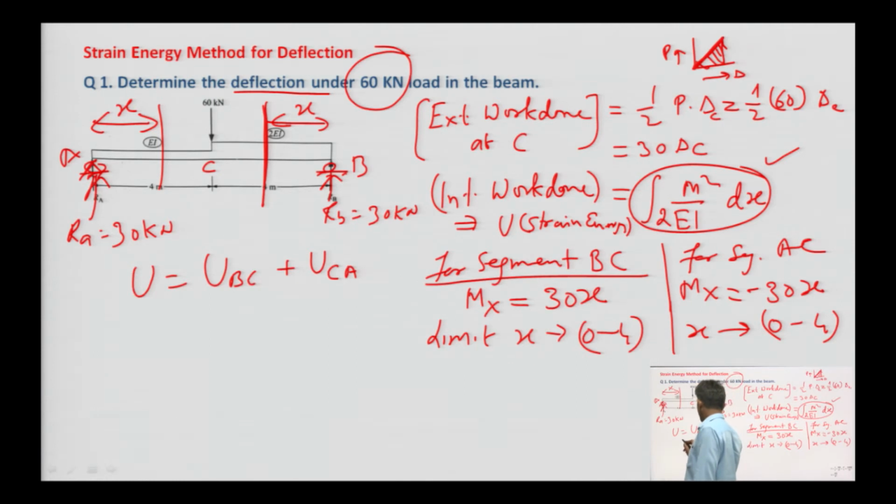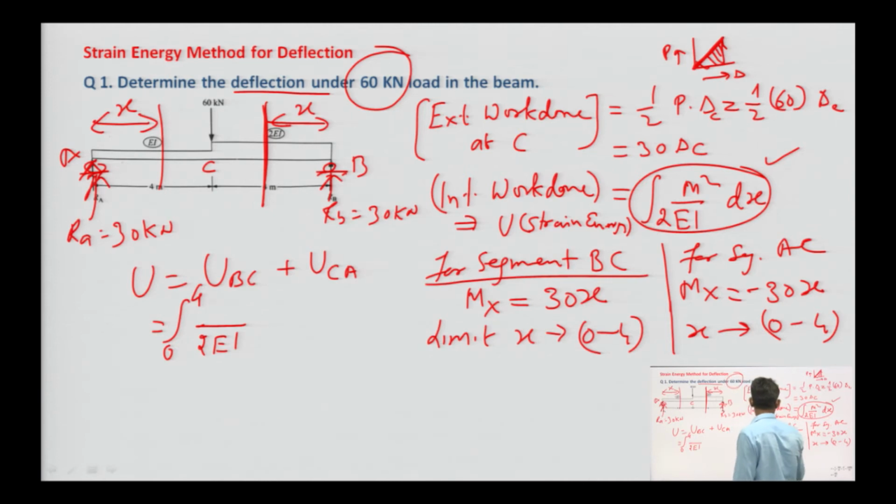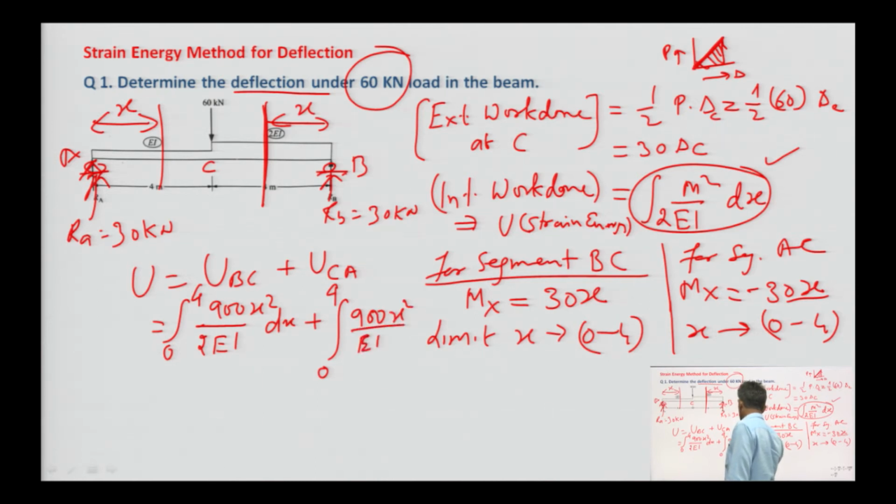So, U BC is equal to the integration from 0 to 4 of 1 upon 2EI, and M is 30x, so it is 900 x square dx, plus for segment CA, the limit is 0 to 4 and the value is minus 30x, so it is the same, 900 x square divided by EI.